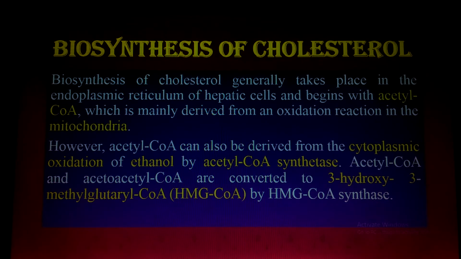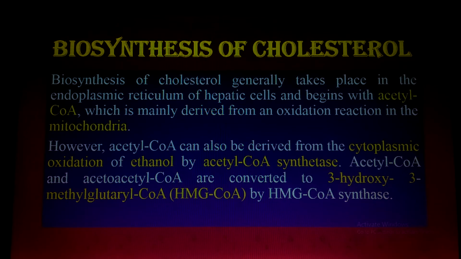Biosynthesis of cholesterol generally takes place in the endoplasmic reticulum of the hepatic cells and begins with acetyl coenzyme A. Which precursor is necessary for the formation of cholesterol in the liver? Acetyl coenzyme A, and you are familiar with it. Acetyl coenzyme A is produced during the oxidation process in the mitochondria, meaning during respiration.